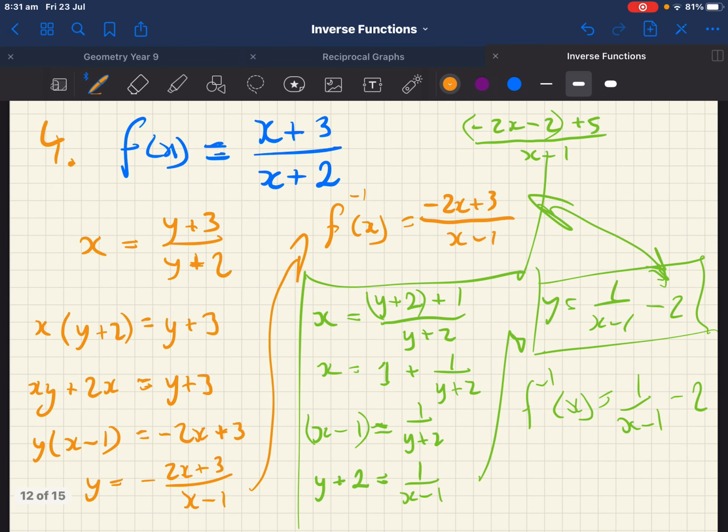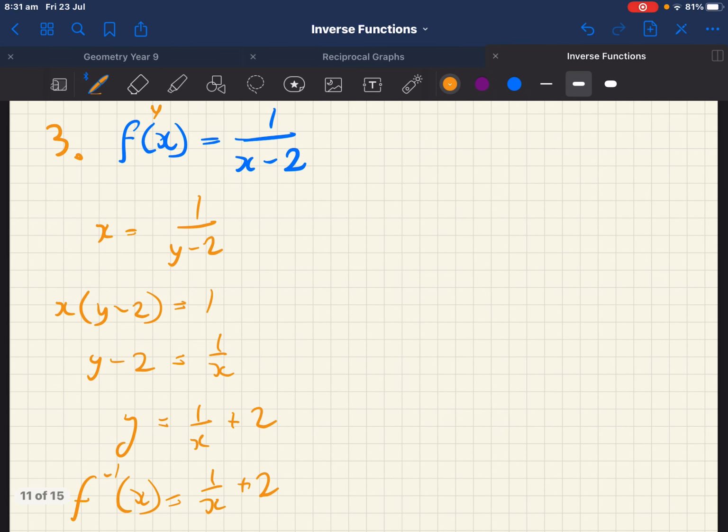What about some of these other inverse functions we've done? That's too messy. What about this one here? If we look at the idea of these things being symmetrical about the line y equals x, what would this original function look like? 1 over x minus 2 has a vertical asymptote at the value 2.